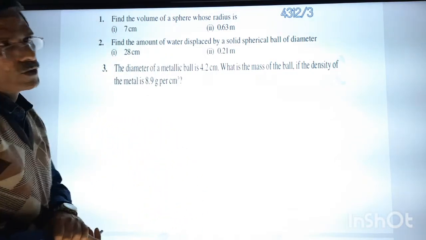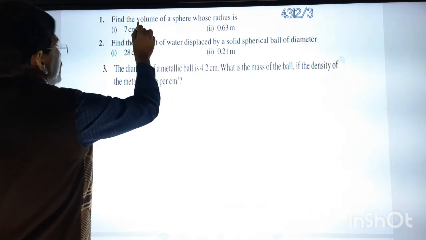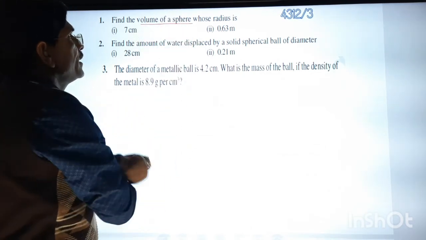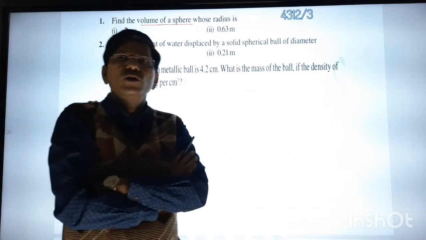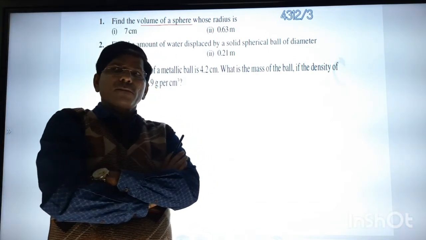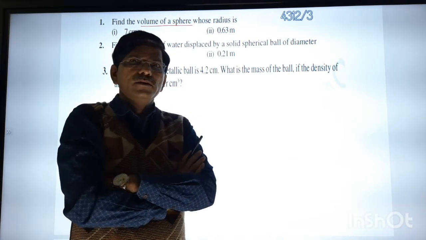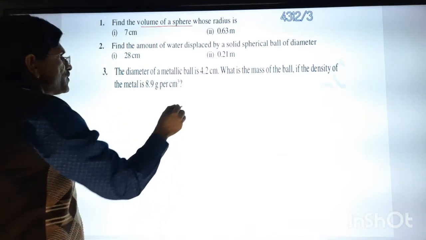So compulsory you have to go through the video properly and write the related work. So first the formula, volume of sphere. Who will give me the answer? Volume of sphere, as we discussed, is 4 by 3 pi r cube.